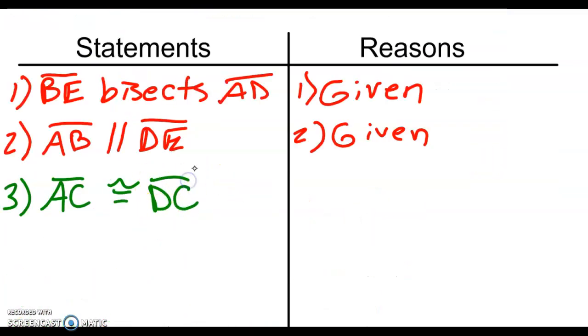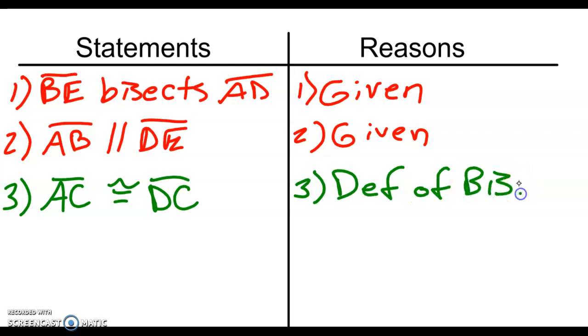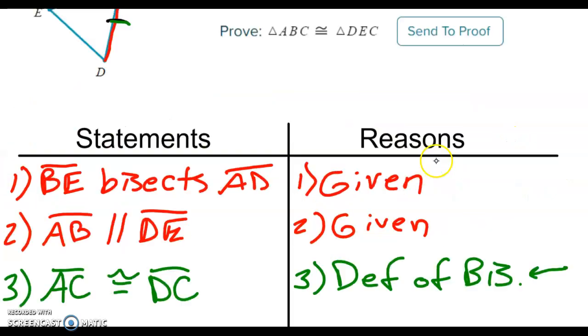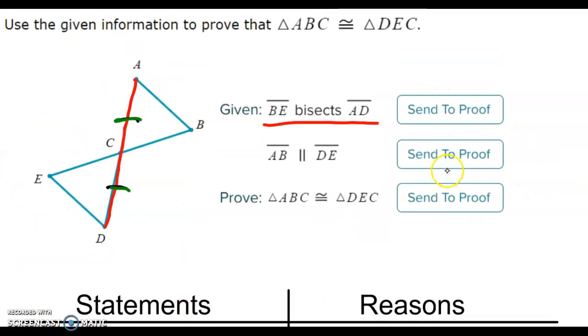So AC is congruent to DC, and that's by the definition of bisector. I'm not 100% sure on what the actual terminology would be, but definition of bisector, something along those lines.